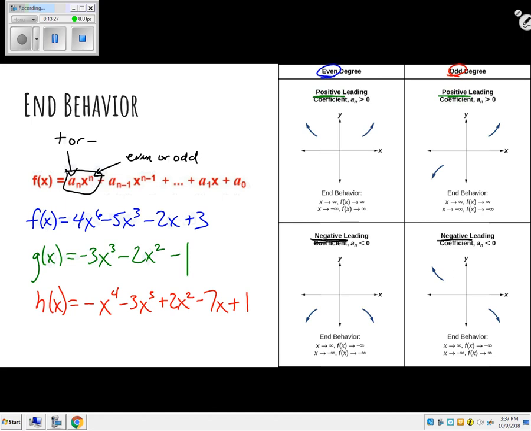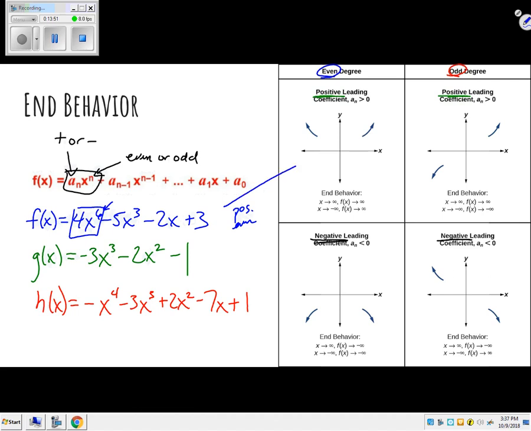So first up, I'm looking at this 4x to the 6th. The big number in front, the 4, is a positive number. And then I'm going to look at the exponent up here. It's 6, an even number. So I'm going to go through all these and search for where it's positive and even.